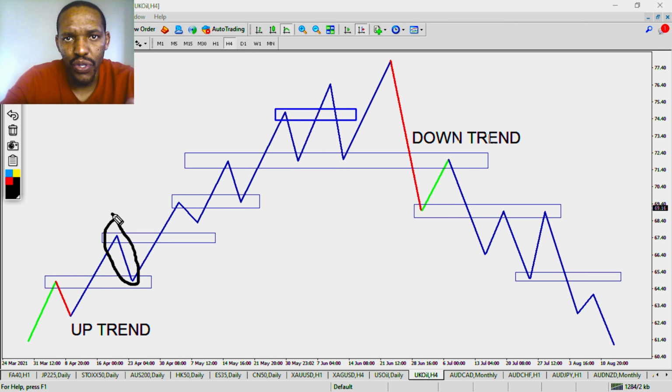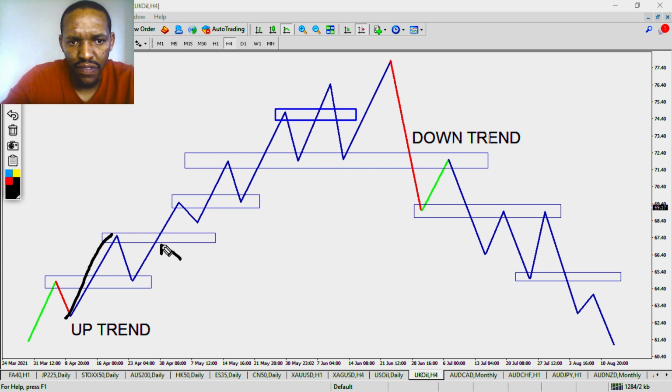Remember, guys, we're in an uptrend. So what we want to do, we want to buy the markets, meaning we want to take advantage of these moves going up. That's what we look into buying. With that being said, in a downtrend, we want to take advantage of these moves going down.